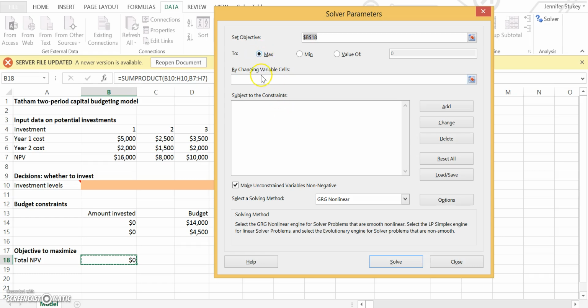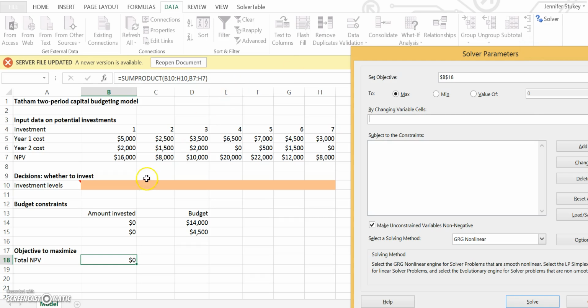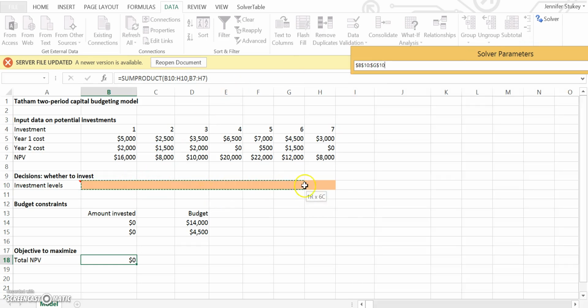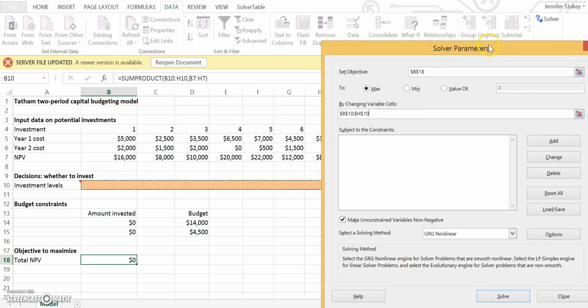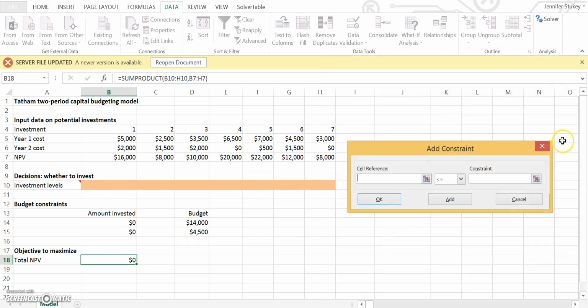We're going to set it to a max by changing our decision cells, which is our investment levels. And we're going to have 3 constraints this time. So actually we can put this one in as 1, even though it's 2 separate. So the year 1 has to be under 14,000 for the budget, and year 2 has to be under 4,500.